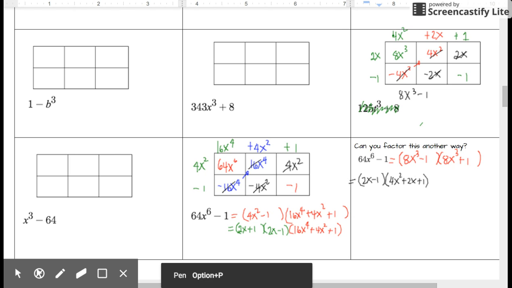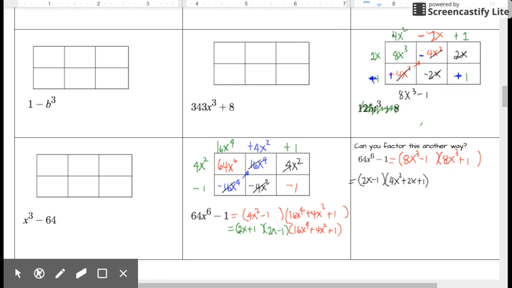Now, for the sum of two cubes, we could just replace this by plus 1. So this will change to plus. This will change to plus. Therefore, this has to be minus. And so this has to become minus 2x.